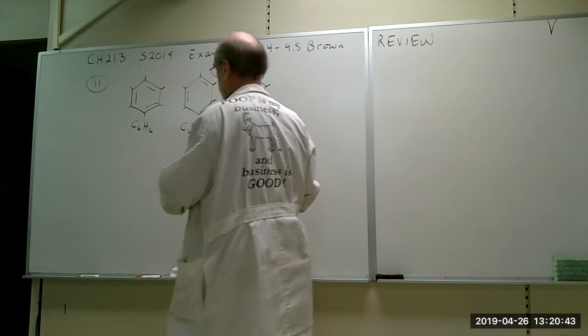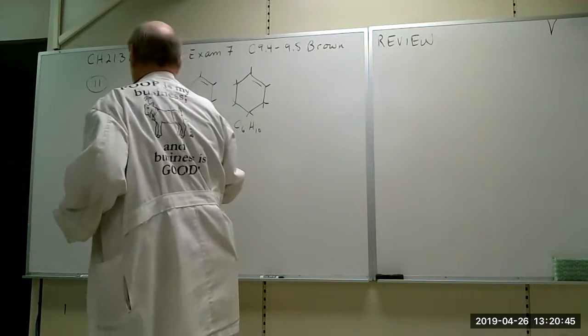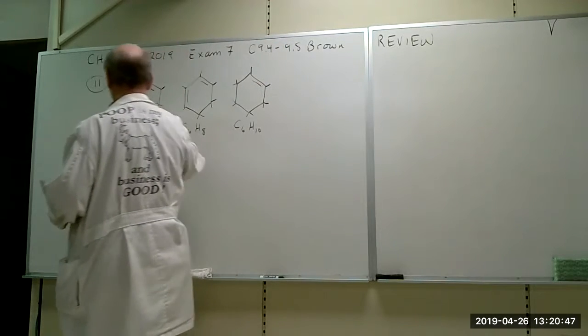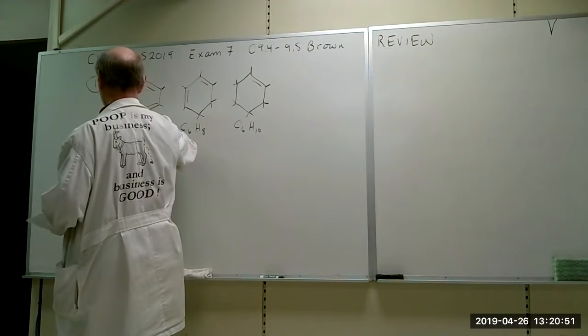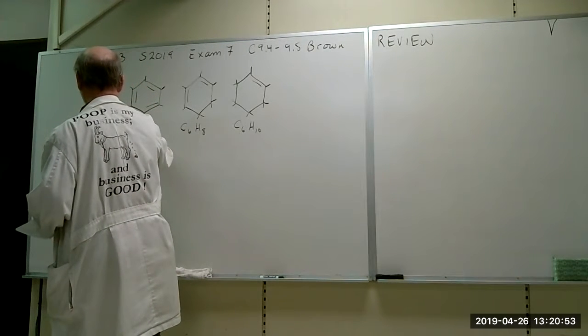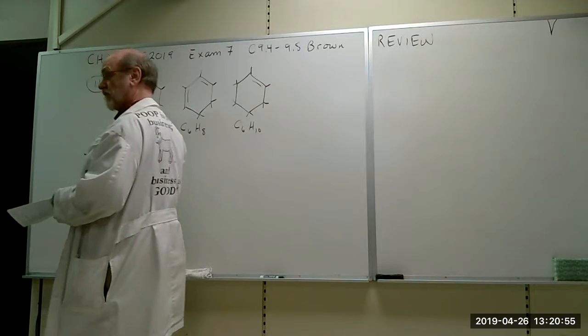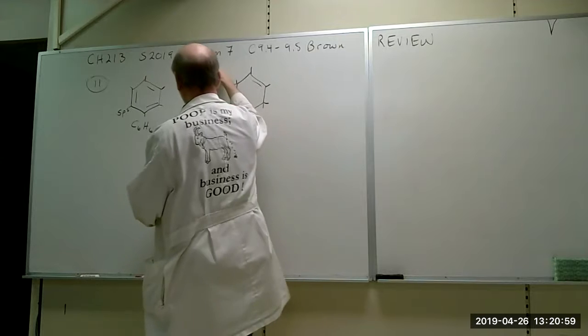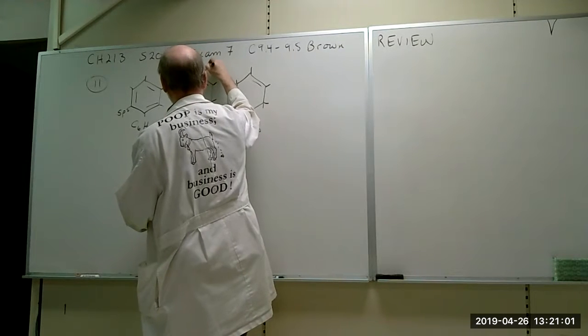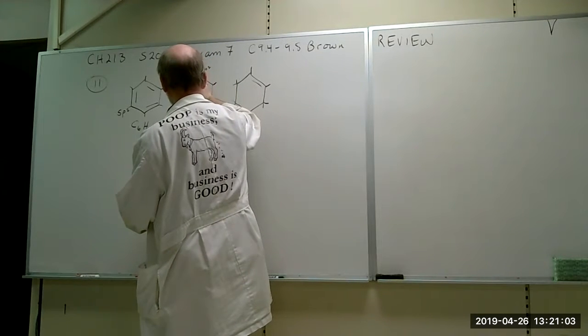Okay. So ask yourself, what type of hybridization is required for 1, 2, 3 groups? Sp2, right? And that's all the way around. This one is sp2 here. That one's sp2.